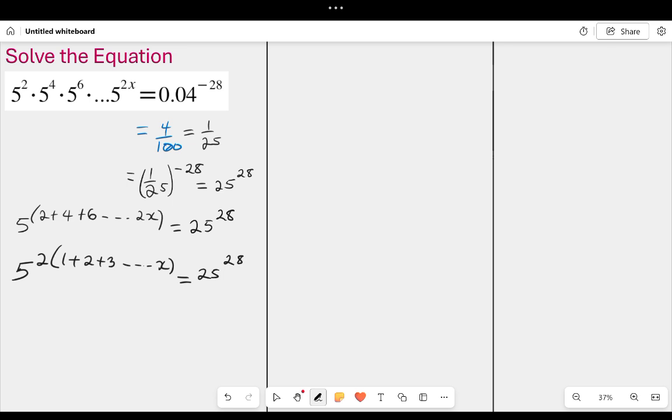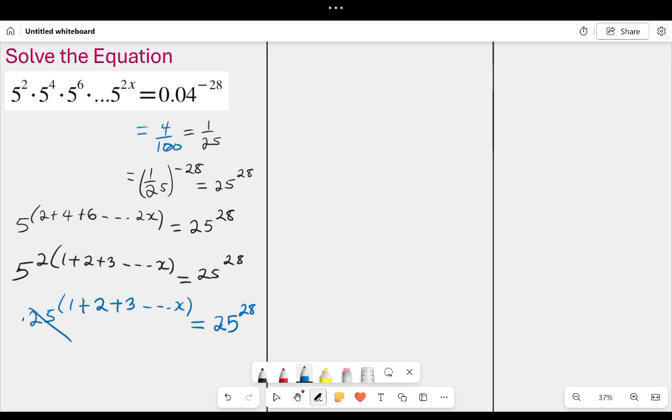Now 5 squared is equal to 25. Now here we are going to write this as 25 and then into brackets 1 plus 2 plus 3 all the way to x is equals to 25 to power 28.